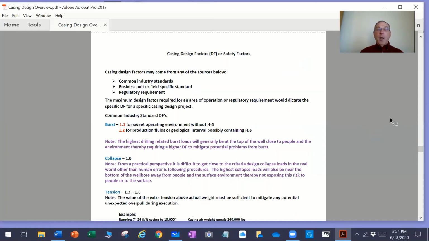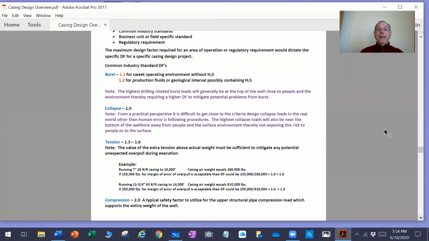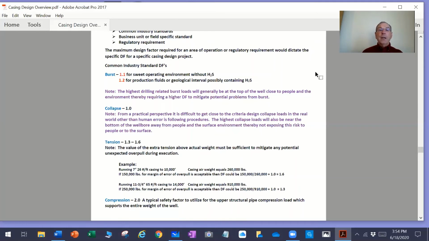Here are some common industry design factors that I will just review. For burst, we typically use a 1.1 design factor for sweet service without H2S. So 1.1 is pretty common. I'll go over some examples of that when we do the casing design examples in the next video.